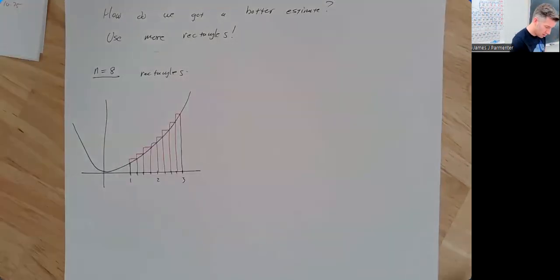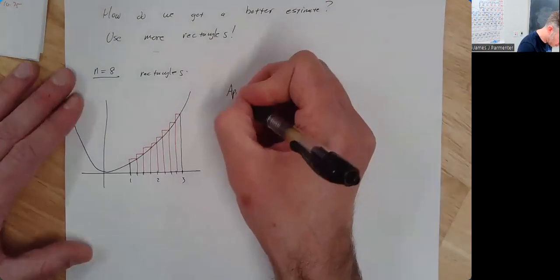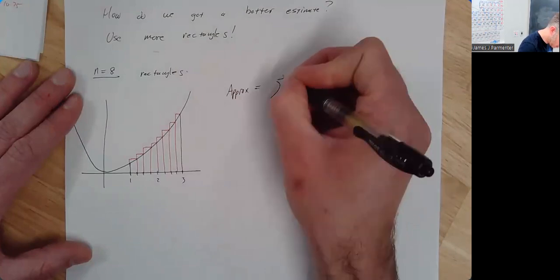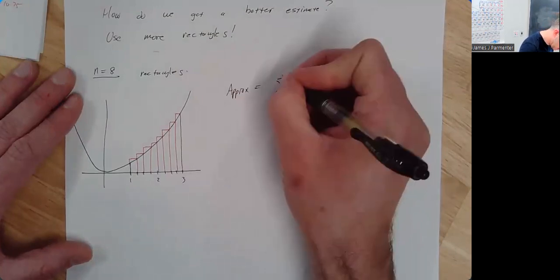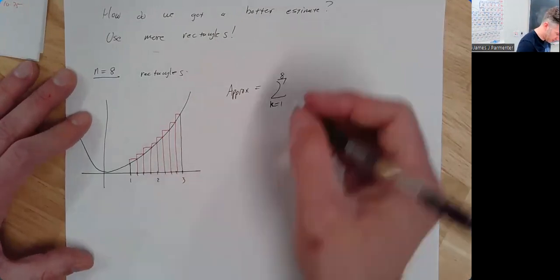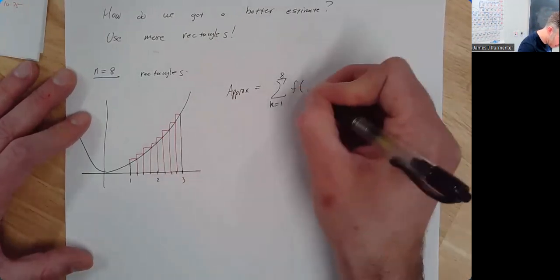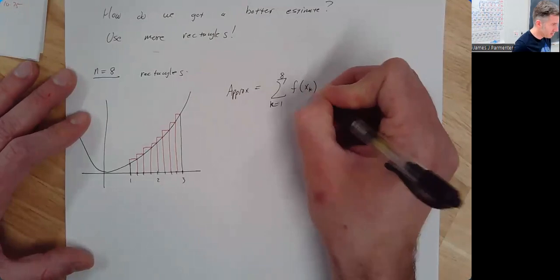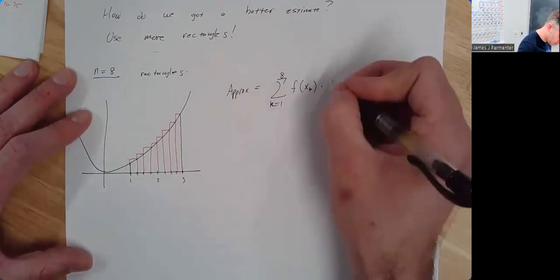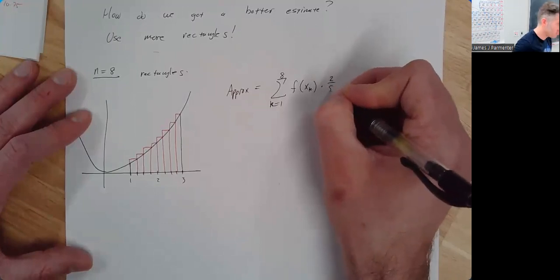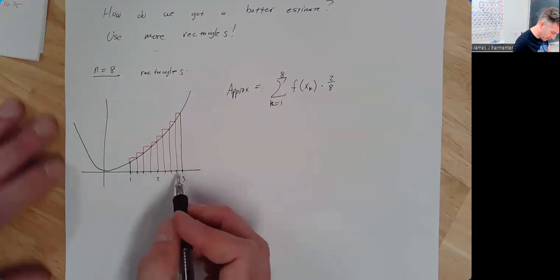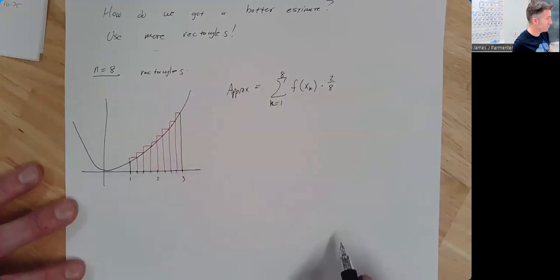So here, our approximation would be the sum from k equals 1 to 8 of, again, the height of each rectangle. So the height of each rectangle is just going to be f of x sub k. Talk about x sub k in a minute. And then the width of each rectangle is going to be 2/8, because we've got an interval length of 2 divided by 8 rectangles.